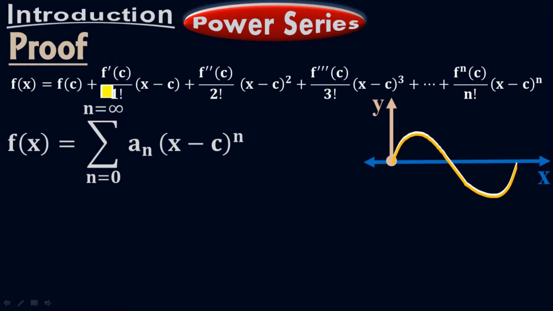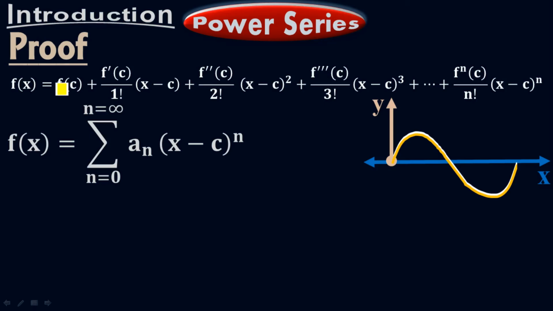This part behaves as a constant. Let's suppose this is my a sub n. It is a coefficient. It can be a constant number and can be in complex form. The rest of the part is the same, which is x minus c to the whole n, where n starts from 0 up to infinity.